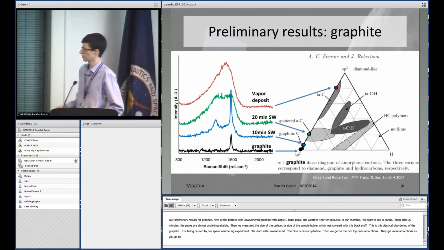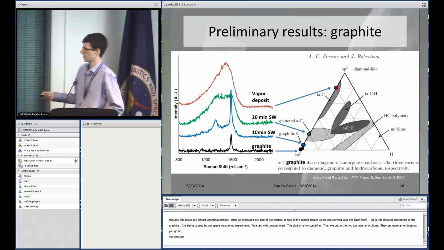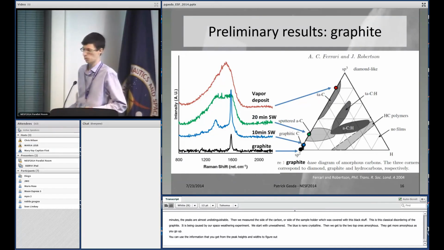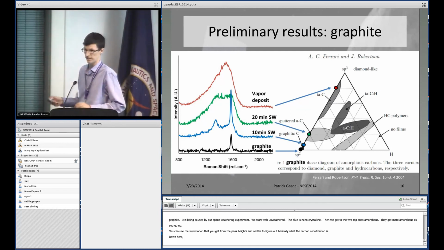You can use the information from the peak heights and widths to figure out basically what the carbon coordination is. Down here, graphite is purely sp2, or 3-coordinate carbon.